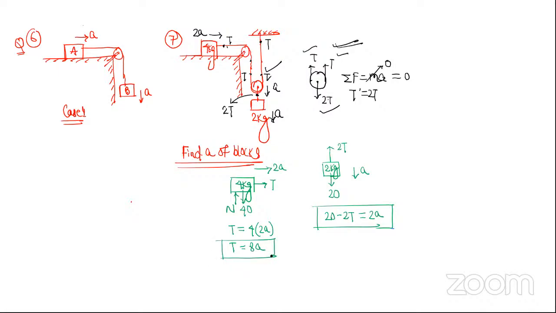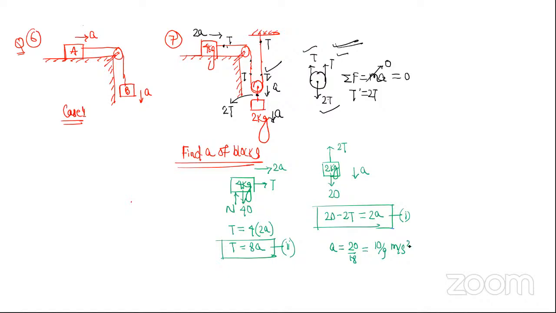Name this as equation 1, name this as equation 2, put the values of T, and if you solve these two, finally our answer will be 2T, that is 20 by 18, that is 10 by 9.